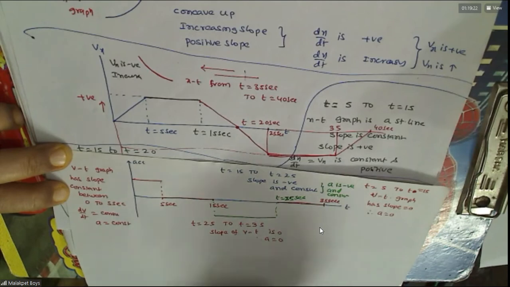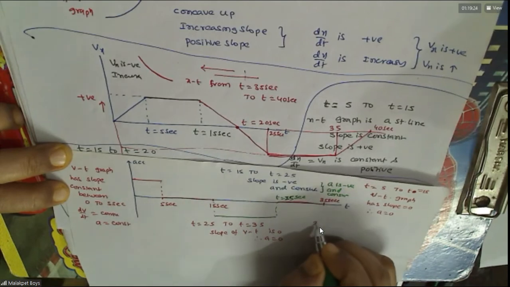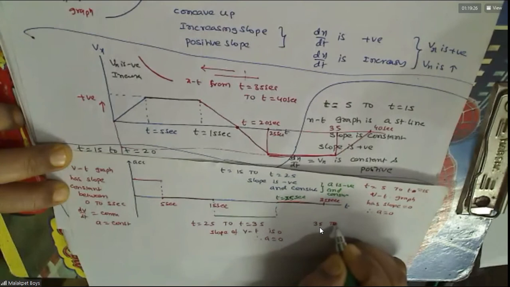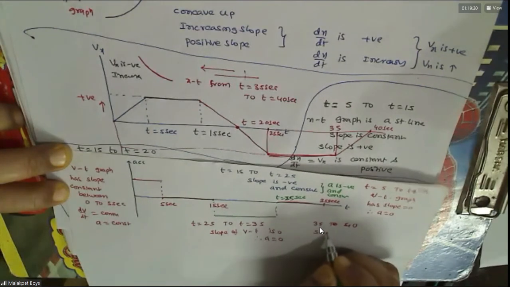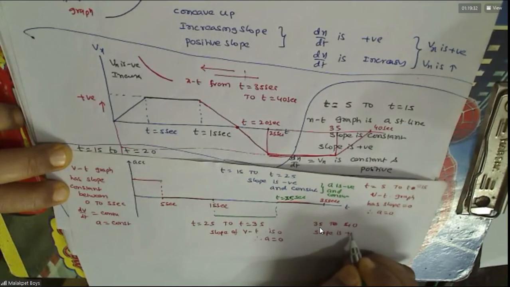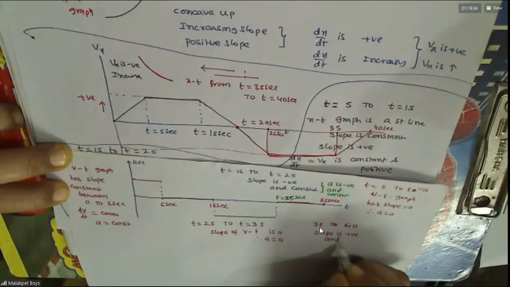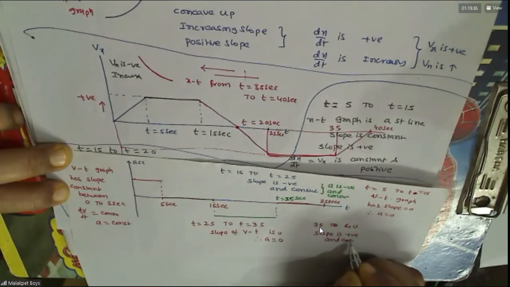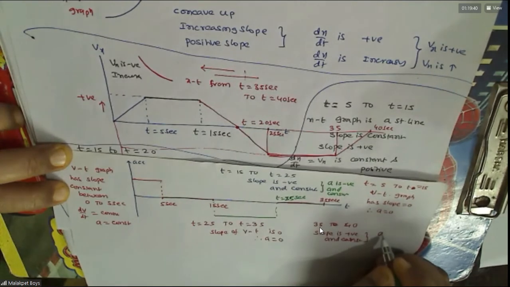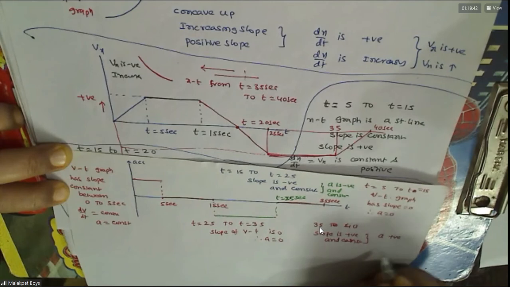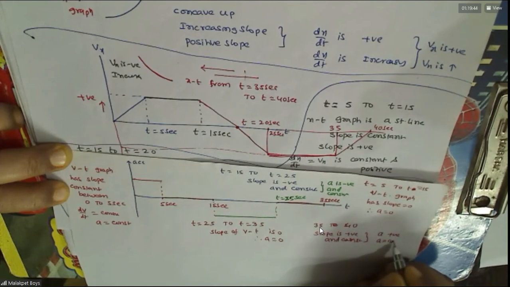For the last part, that is 35 to 40, what is the slope? Slope is positive and constant now. Do you agree with this or not? Agreed, sir. That means acceleration is positive and constant.